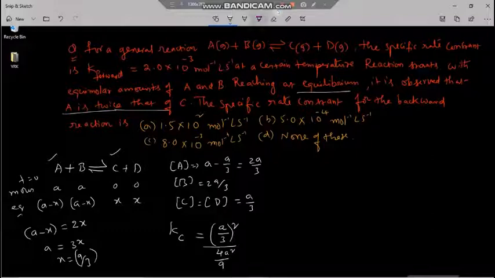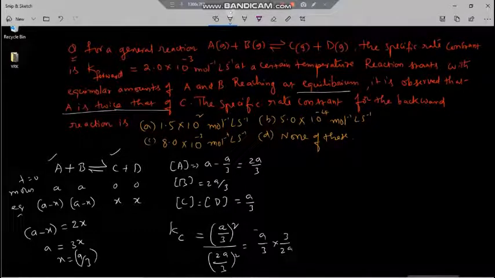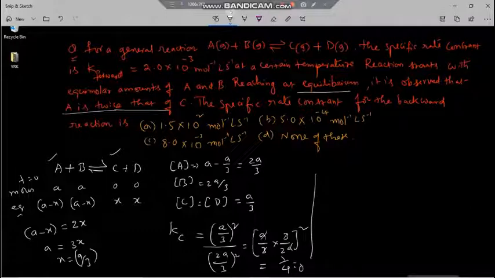Or we can write it as a by 3 into 3a by 2 whole square. In this, a gets cancelled, 3 will get cancelled. We'll get 1 by 4. So what is the Kc value? 1 by 4, that you can also write as 0.25.